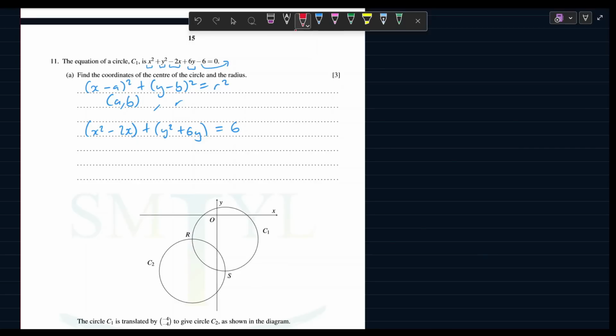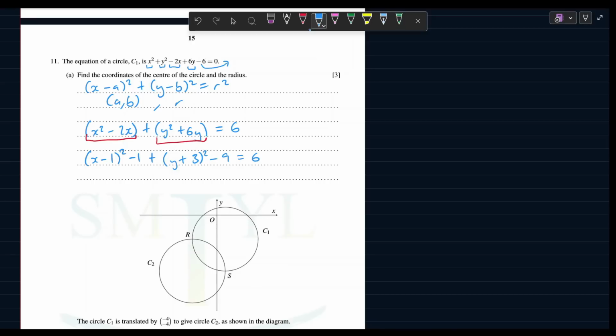Then what we're going to do is to complete the square for each bracket that you have. So we start with the bracket containing the terms in x. So if we complete the square there, it's (x - 1) squared minus 1. If we complete the square here, it becomes (y + 3) squared minus 9 is equal to 6.